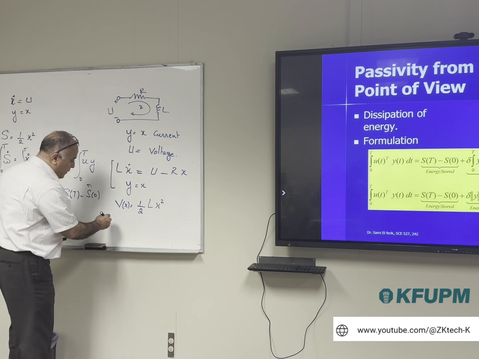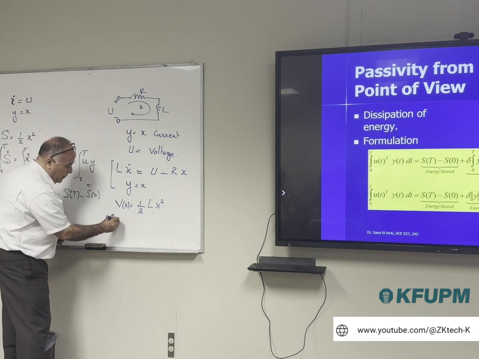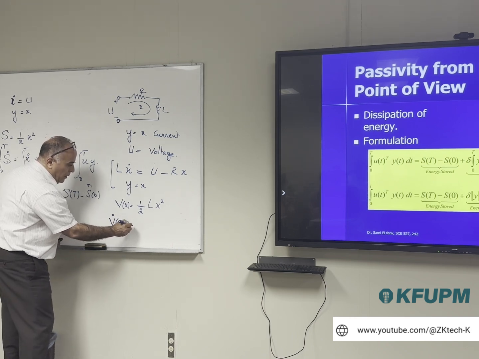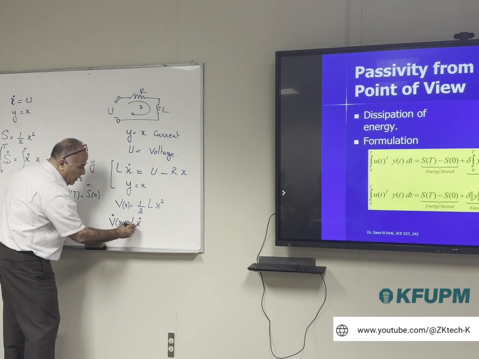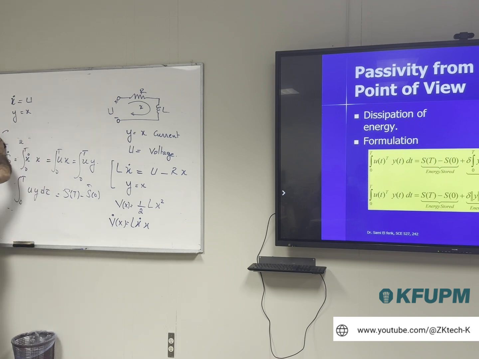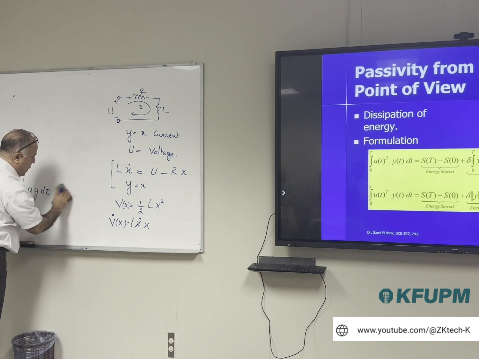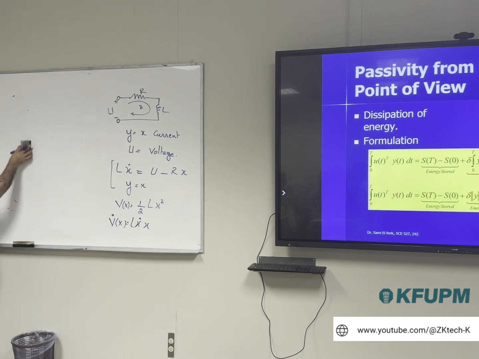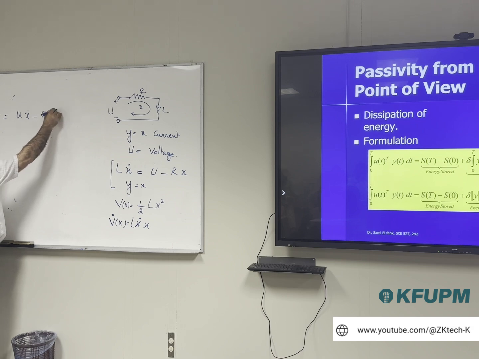So if I take the derivative, v prime of x will be equal to L x prime multiplied by x. Okay? So L x prime multiplied by x means I will have v prime equal to u multiplied by x minus r multiplied by x squared.